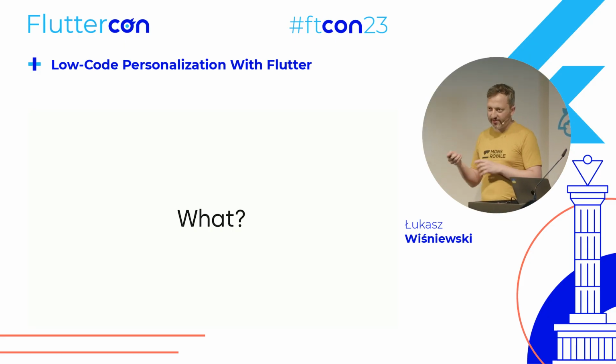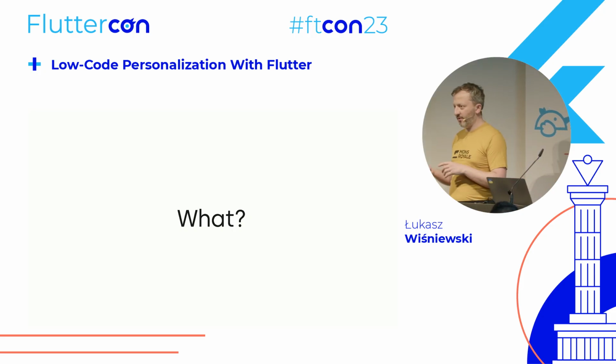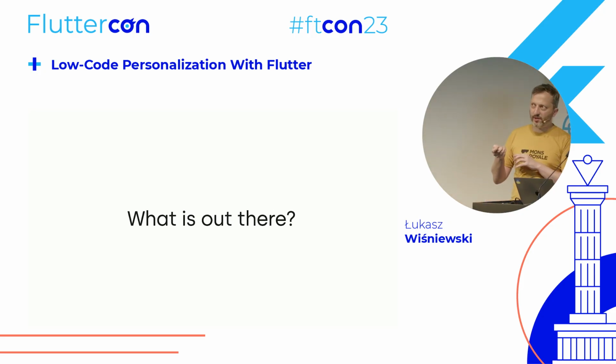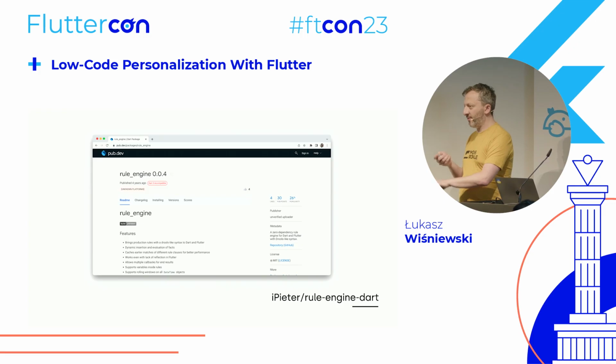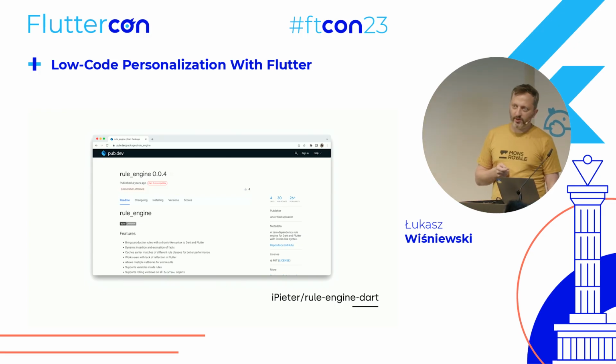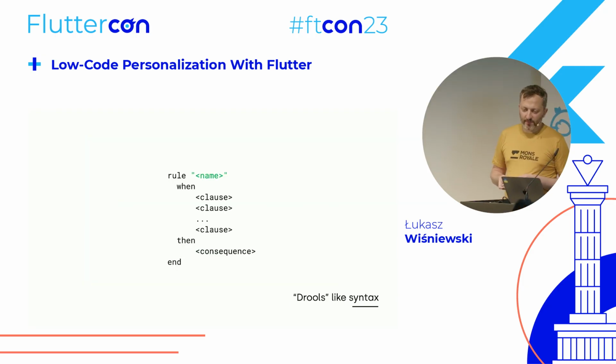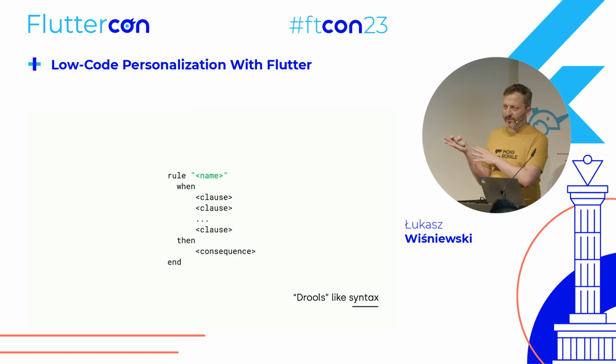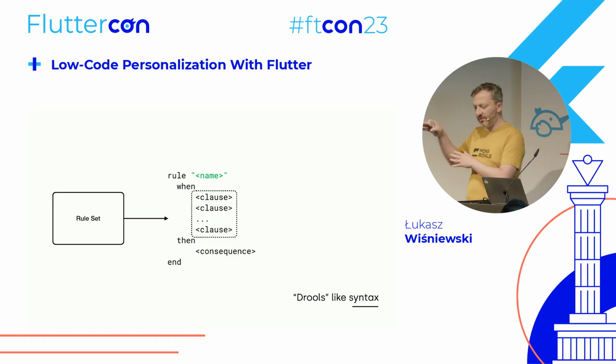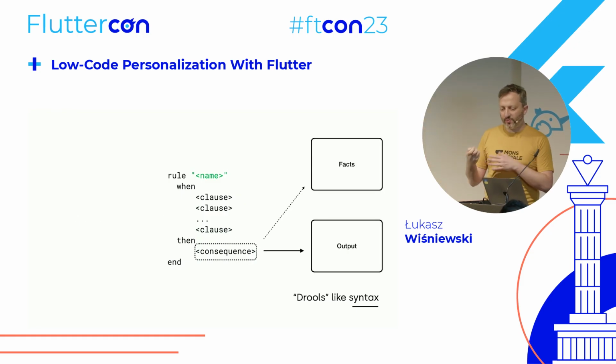What kind of solutions are out there? Probably the first thing you're going to do is type into Google "rule engines Flutter". This library will pop up, and there's just one, by the way. So let's dive into that. The library follows Drools-like syntax. Our rule set is a set of conditions, and if those conditions are met, then we get some output that can happen.